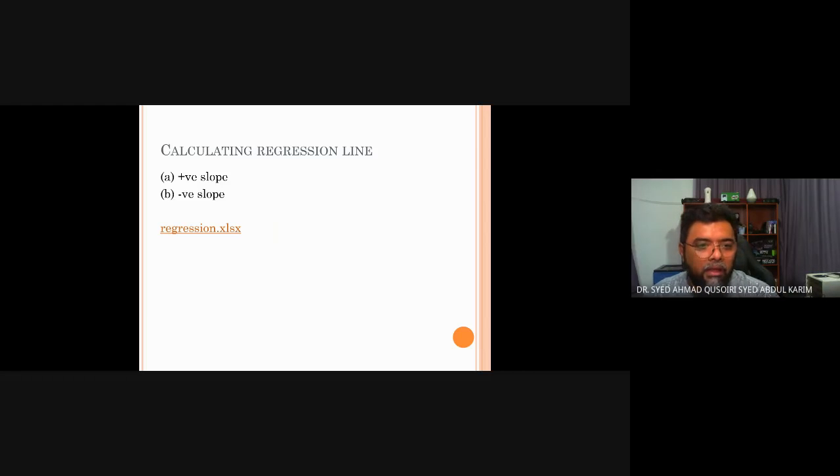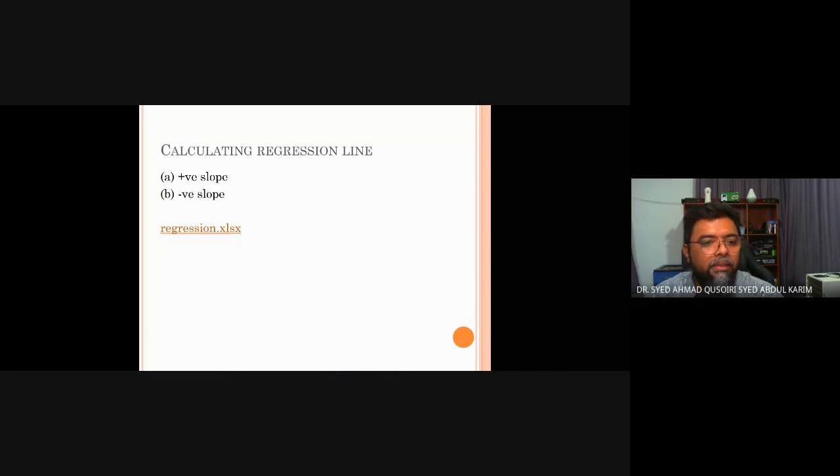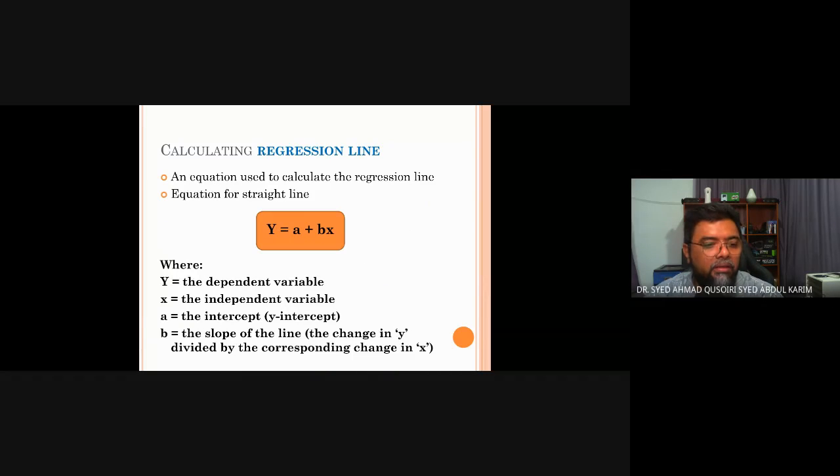Whereas if it's a negative slope, when x increases 1 unit, y will decrease. Okay, so the slope is quite important to be observed. And a is the interception, b is the slope.